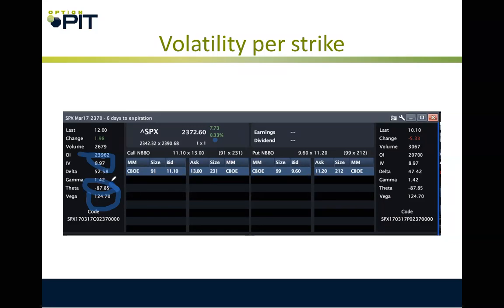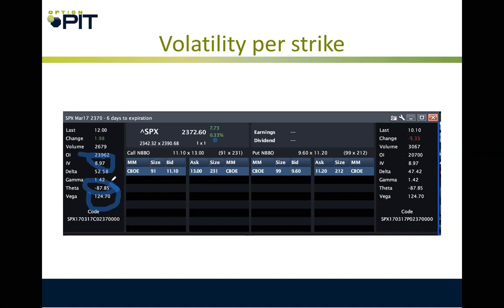The gamma in the contract means that if the underlying moves a buck, SPX moves $1, your delta changes by $1.42. So you go from 52.58 to 54. Okay. So volatility per strike just means every strike has a vol. Every vol has a set of Greeks that are unique to it.